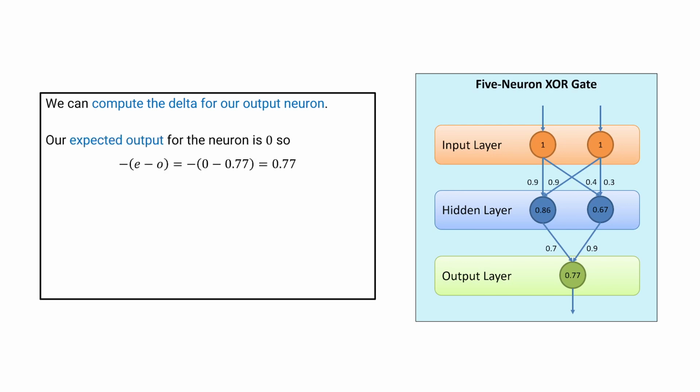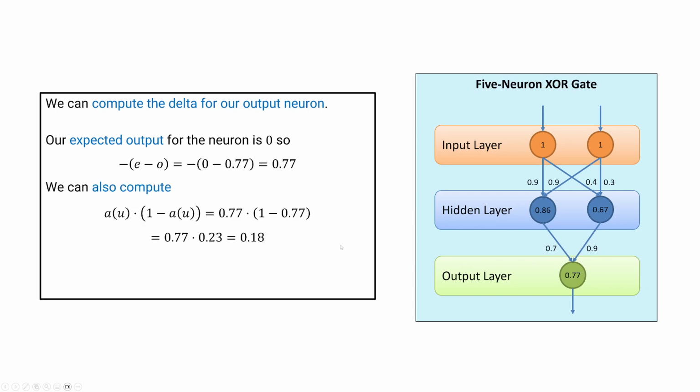So we can compute the first term, the derivative of the loss function, by just taking the expected output minus the actual output, and we already did this one. 0 minus 0.77 gives us negative 0.77, and then multiplying it by the negative gives us back 0.77 again. So that's one of the components that we need to compute, and in this case, it just happened to be the actual activation. I guess that's what happens when your expected output is 0.